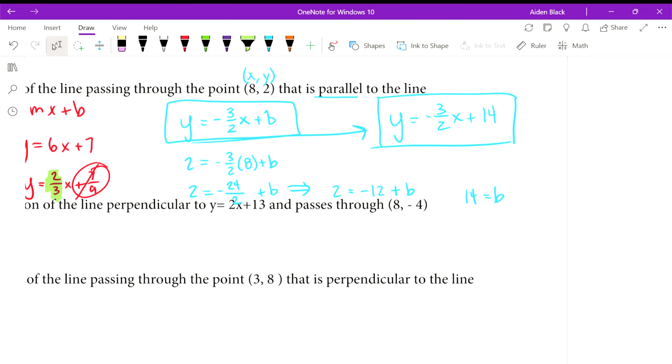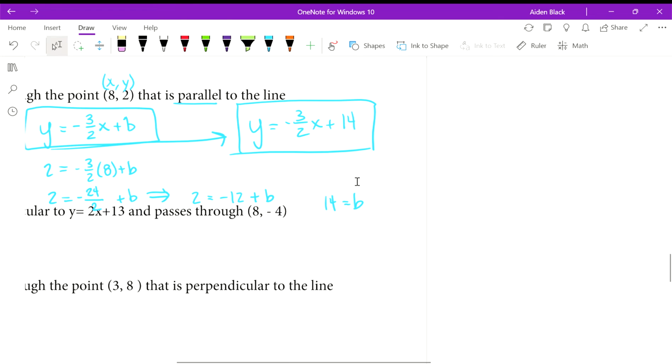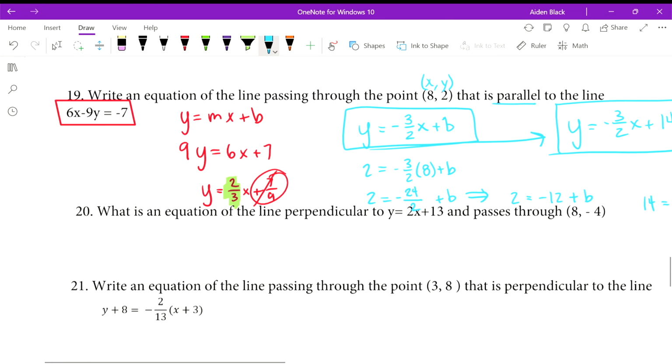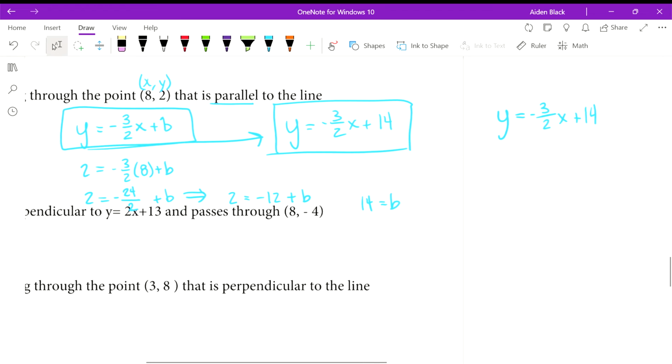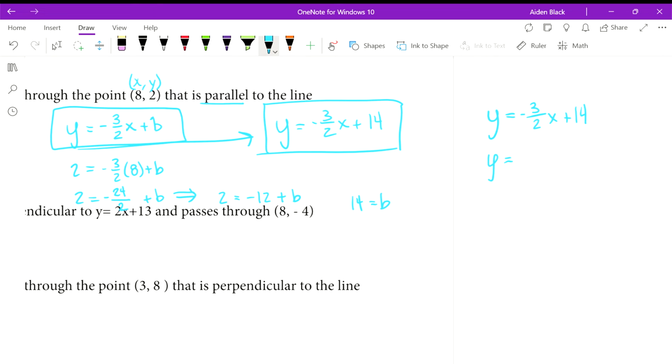Okay, so if we plot these out, just want to show you. And the original was y equals 2/3 x.